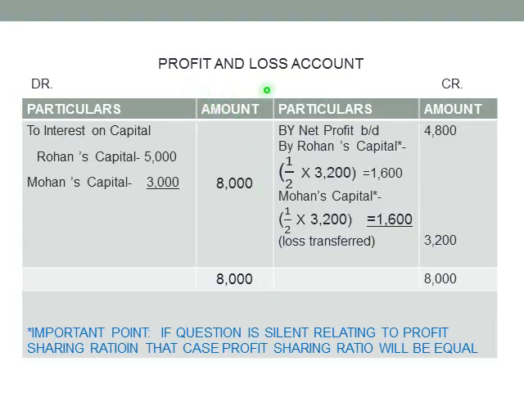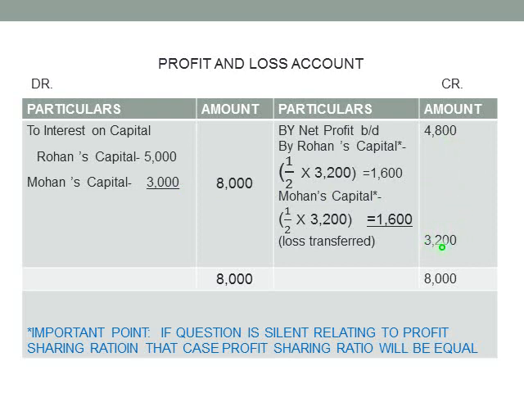And let us see how the profit and loss account is prepared. Profit brought down is 4,800 and we are giving full interest on capital, 5,000 to Rohan and 3,000 to Mohan. And due to this, the firm suffered a loss of 3,200. How do you arrive at 3,200? 8,000 minus 4,800.